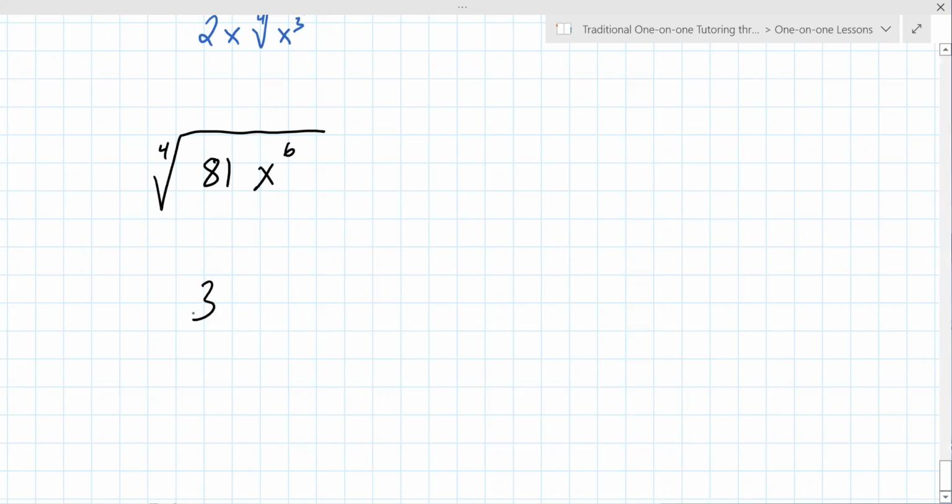Okay. And then you do 6 divided by 4, so it's 1 remainder 2. That's right. So then you take x to the 1, and then the fourth root of x to the 2. X squared, yeah. So if this were minus 9x fourth root of x squared, you could then combine like terms. Yeah. Okay, that makes more sense.